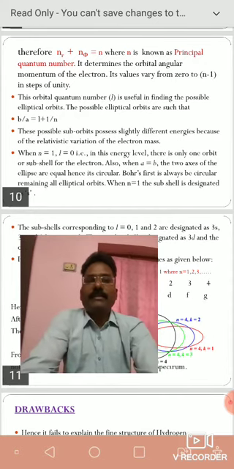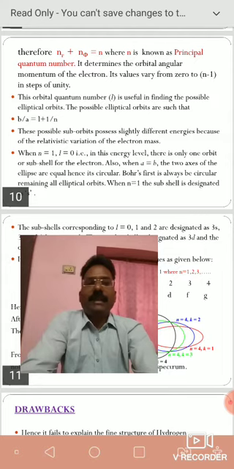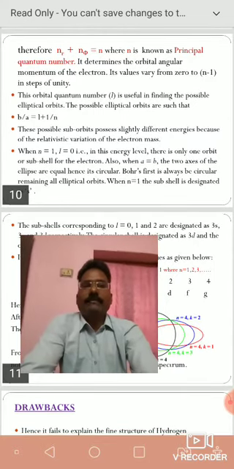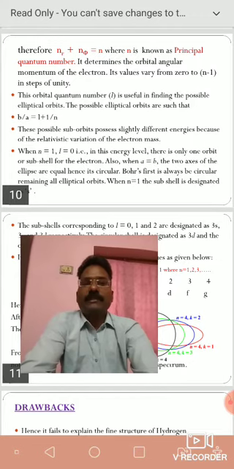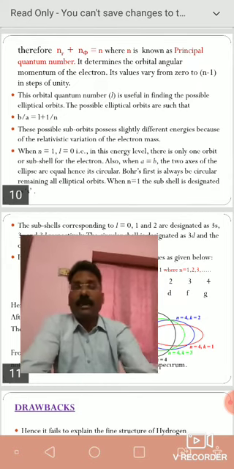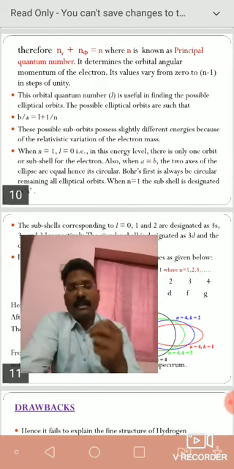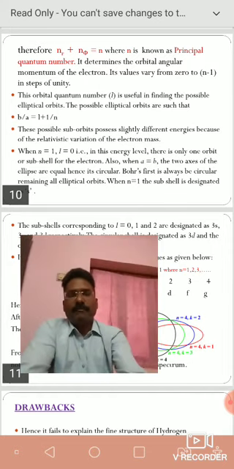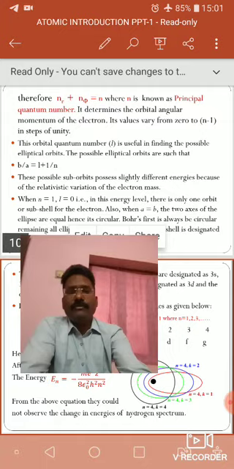It determines the orbital angular momentum of the electron. Its value varies from 0 to n minus 1. n is the principal quantum number, but how can we determine the orbital quantum number?